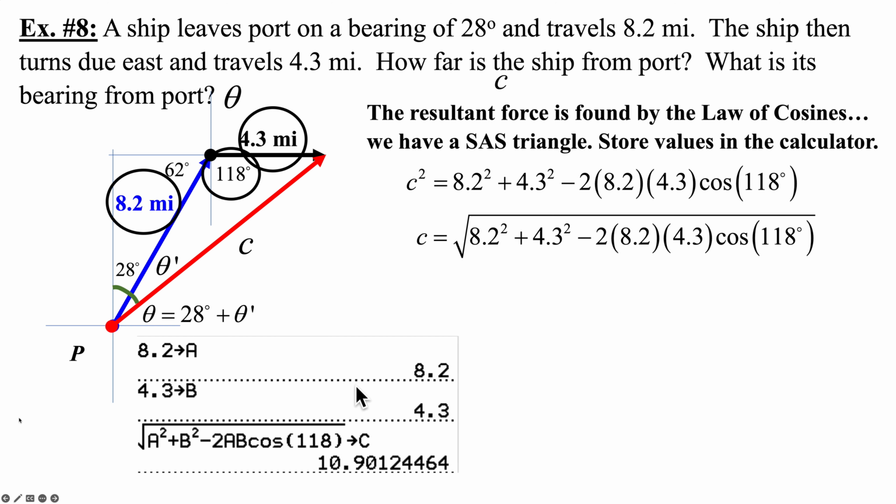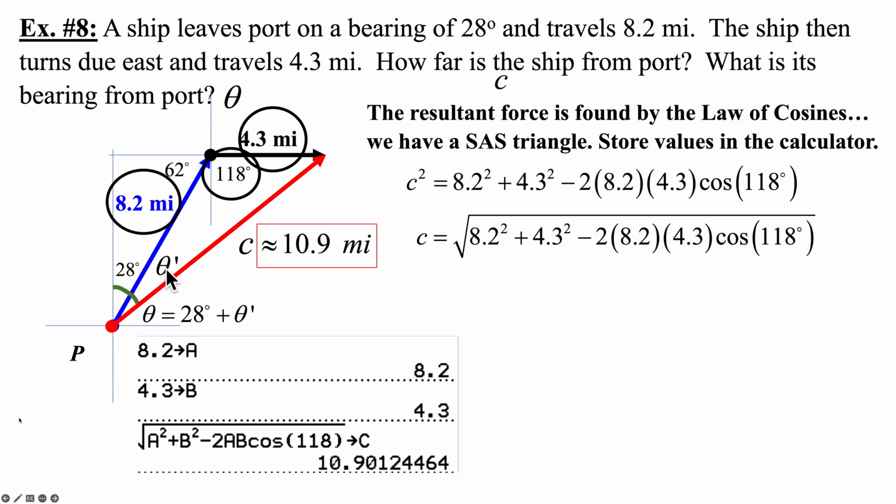I would rather just store them into my calculator. So the square root of a squared plus b squared minus 2ab times the cosine of 118. Store that for C, we get 10.9. So we are approximately 10.9 miles away from port.